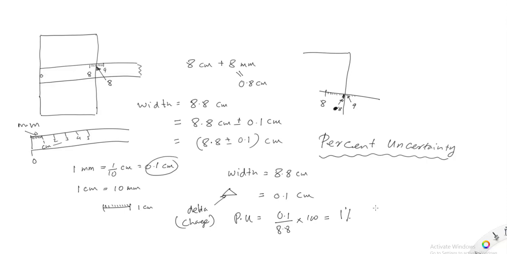If you get an uncertainty of, let's say, 50%, that means it's not a very good measurement, right? If you get a percent uncertainty of about 1% or less, you can confidently say it's a good measurement because your answer is fairly close to the actual value. So we make measurements, we make uncertainty measurements, and then we calculate percent uncertainty. All together you can get a good picture of the measurements you make. All right?